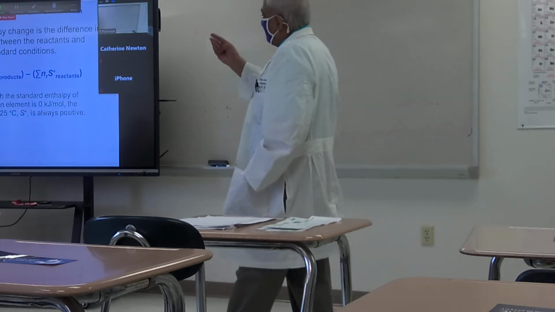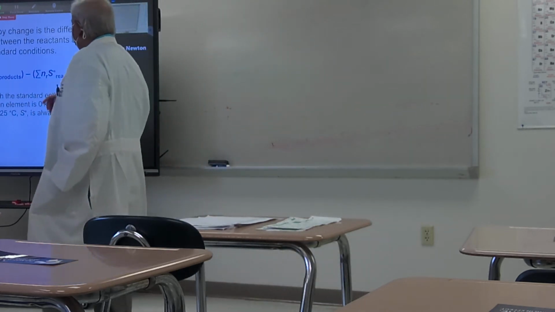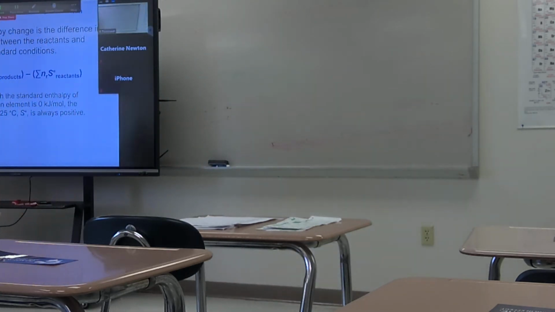So now we will work out some problems on this entropy change of the reaction. In a reaction there will be products and there will be reactants. So the change in entropy of that reaction is going to be, NP means the number of products on the right side. If there are two products, n equals 2.